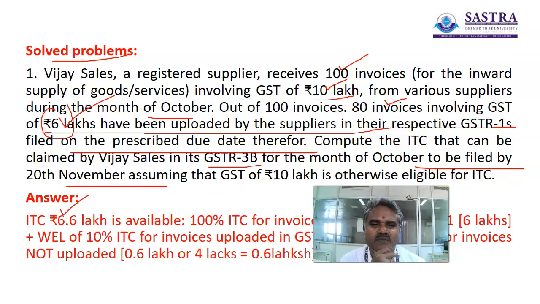The 10% is allowed because the remaining 20% is not uploaded. So 6,60,000 is available: 100% of 6 lakh, then 10% for the not uploaded.